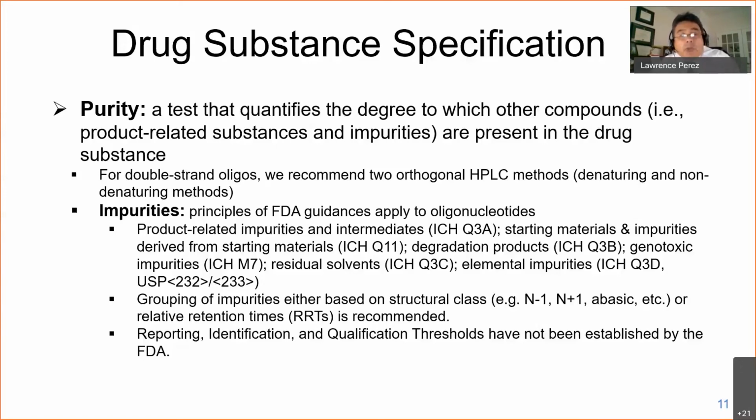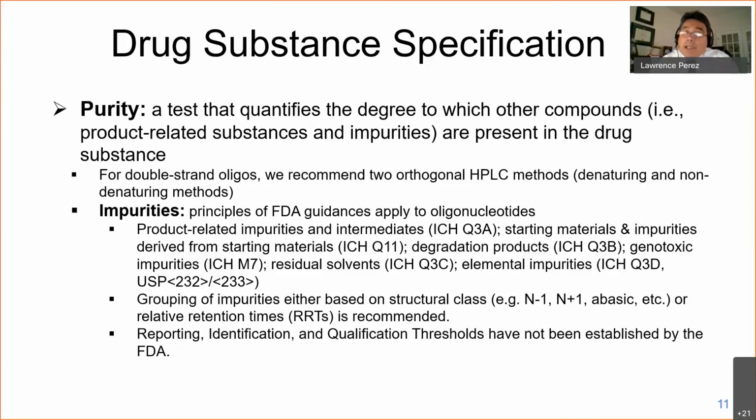And so in this case, we'd say, well, one way to at least group the impurities can be either on structural class, such as the short mers or the long mers, or the oligo impurities that have lost one of the nucleobases, or by retention times. This is okay at the early stages at the IND, but as we get to the final NDA, we want to see a lot more of the identification of the impurities, such that it shows that your manufacturing process is controlled.